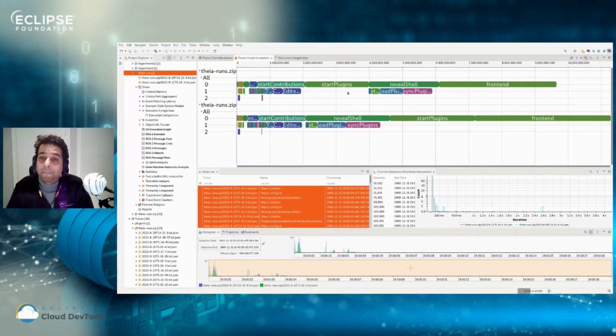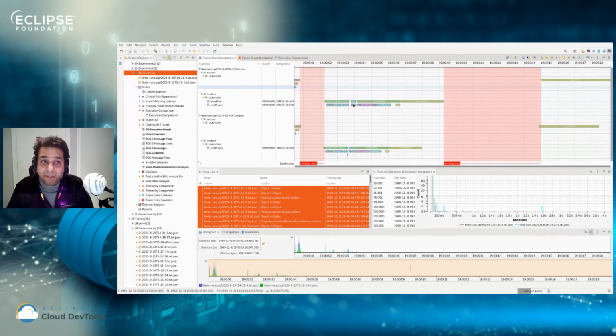If you look, you will see that Reveal Shell, which is in the flame graph, is being pushed later because it's taking more time than, for example, Start Plugins. Now, Start Plugins is the one that has the biggest gains. And once again, if we go to our flame chart, which is showing our call stack over time, we can see, for example, here, this section is uninstrumented.